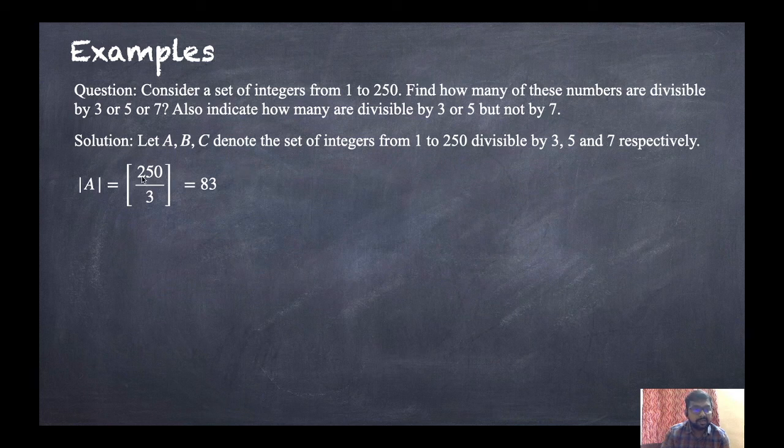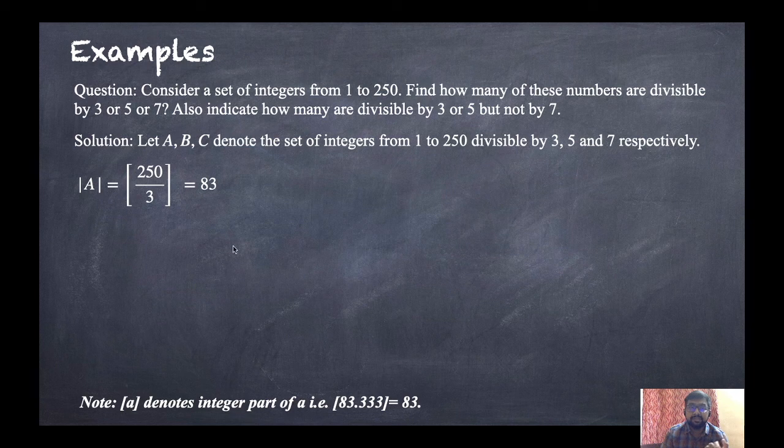It will be the integer part of 250 by 3, that is 83. So the cardinality of A equals 83, meaning that out of these 250 numbers, 83 will be divisible by 3. This bracket denotes the integer part: 250 by 3 is 83.3, and that is simply 83.